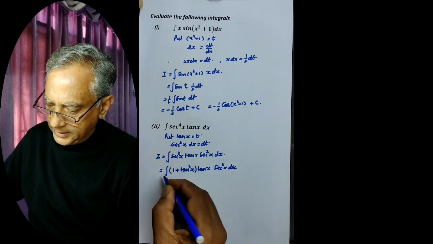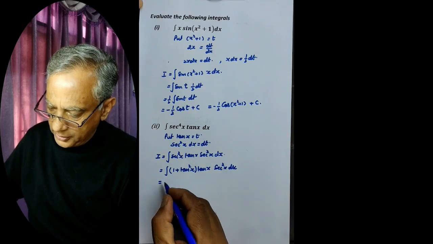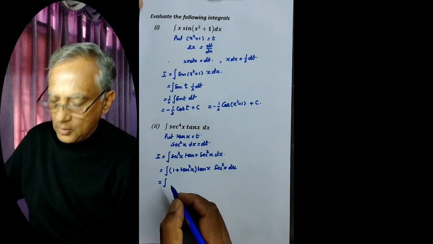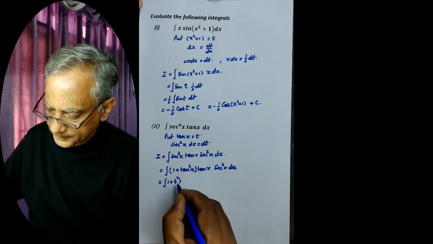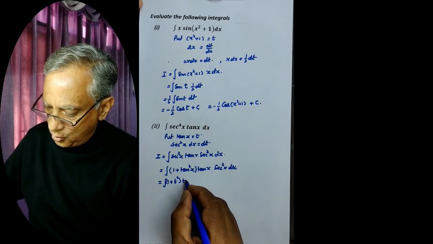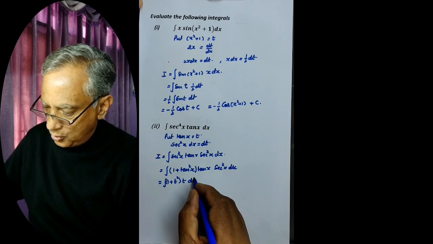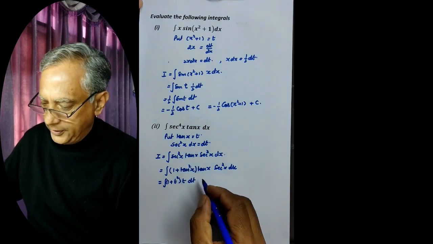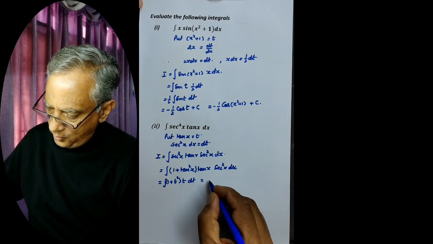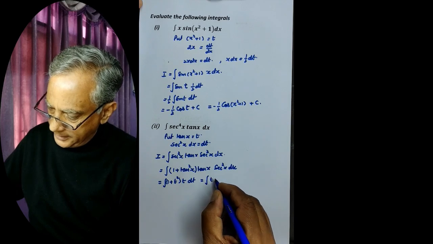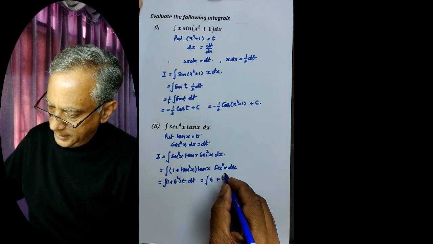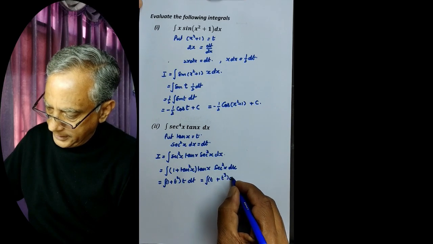This is dt and this has been expressed in terms of t. So this substitution will work. So this will be 1 plus t square into t into secant square x dx is dt. So this is equal to integral, open this bracket, t plus t cube dt.